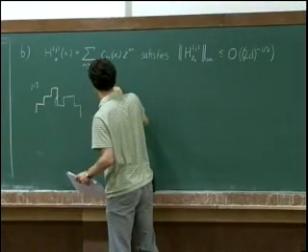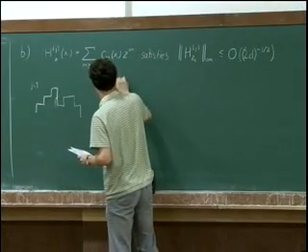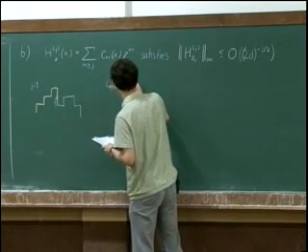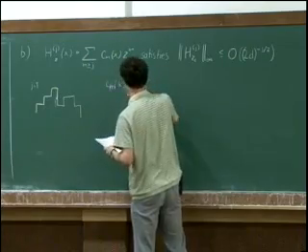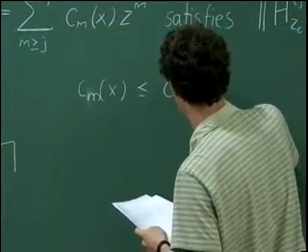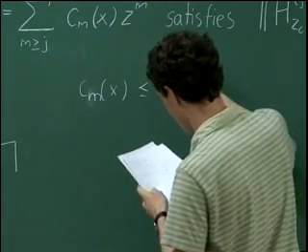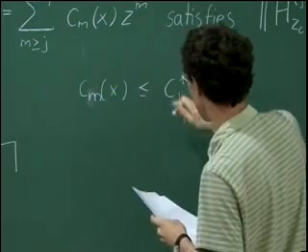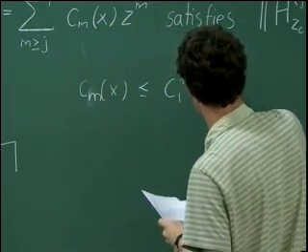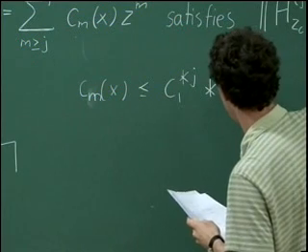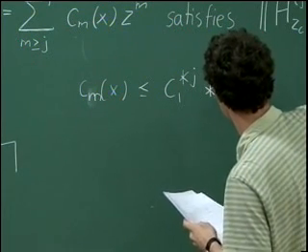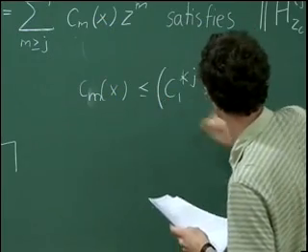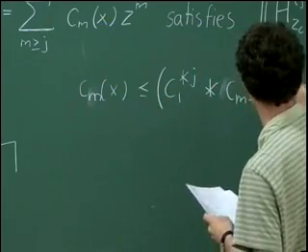So by this, we obtain a bound on C_m of x, which is less than C_1, the number of one-step walks, convoluted j times with itself, and this convoluted with C_{m-j} of x.